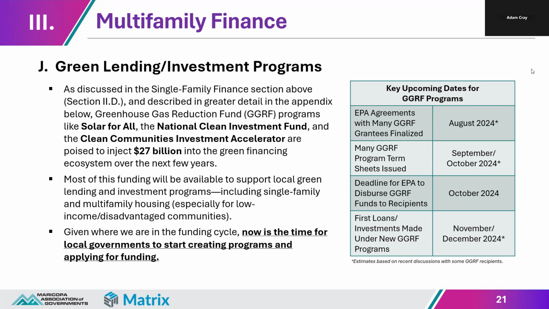I'm highlighting here on the right-hand side key upcoming dates. We're in August right now. The EPA is working with all those grantees who receive these giant grants, which you can read about in the appendix, to finalize their grant programs.